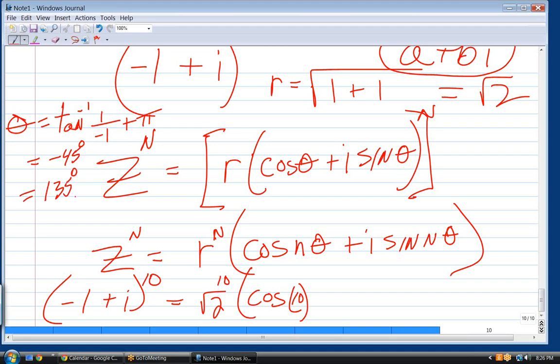So that's theta. So I can plug in 135 degrees for theta right there. Plus i sine of 10 times 135 degrees.